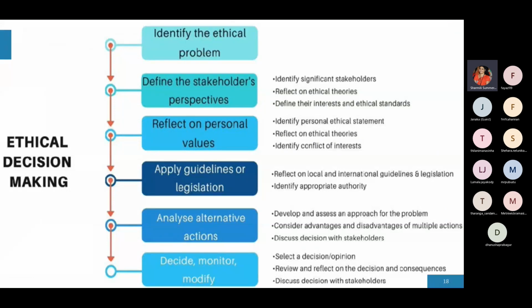So in addition to the principles and approaches, you can incorporate legislative activities as well, and analyze the alternative actions. If possible, you can monitor continuously and in future modify your decision as well. So it is an elaborated decision making model.